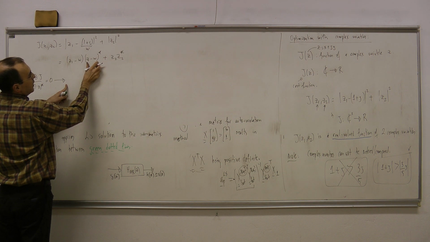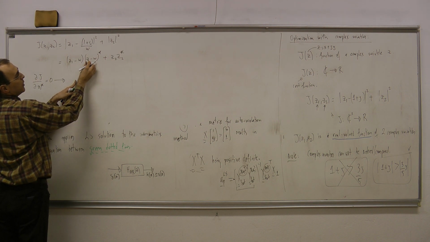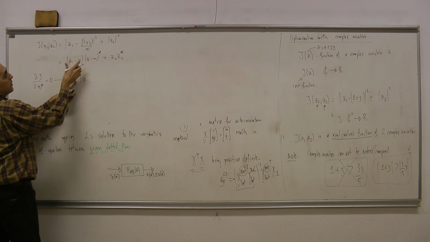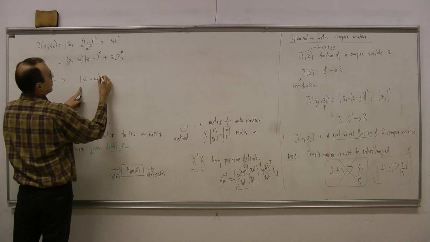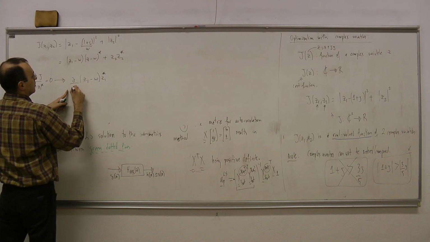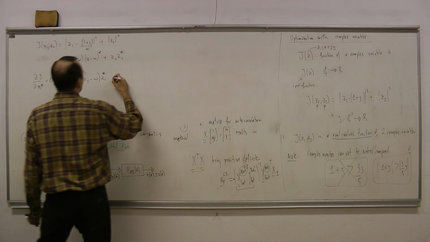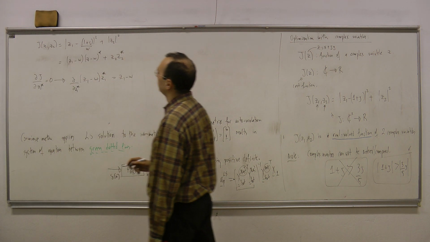If you take the derivative with respect to Z1 conjugate, now you have Z1 conjugate over here, multiplies this. So you treat Z1 as an independent variable. Okay? So I'm taking this term. So this is equal to Z1 minus W. Okay?